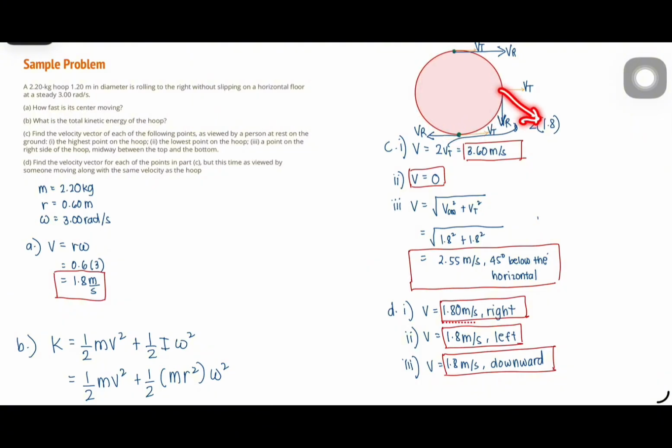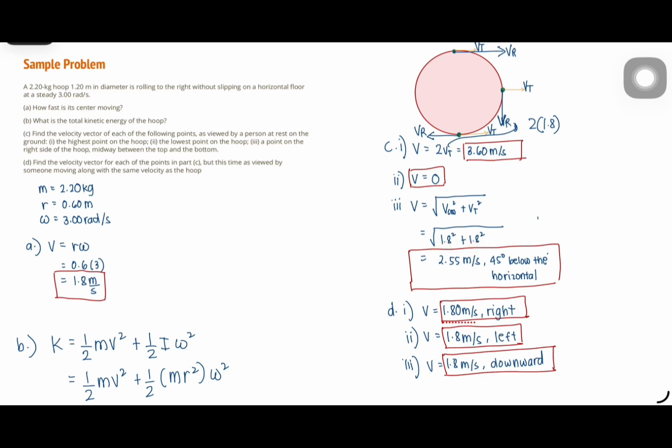Next, para makuha natin tong resultant ng dalawang component, gagamitan natin siya ng Pythagorean theorem. So, pare-pareho lang yung magnitude ng dalawa. Ang pinagkaiba lang po is yung direction ng translational at saka rotational. So, ang makukuha natin, same yung magnitude.